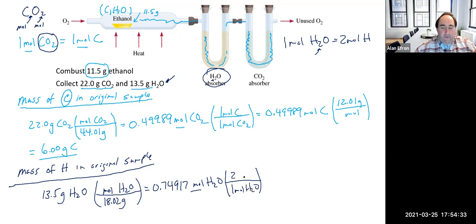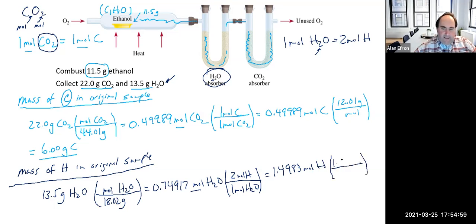So 2 moles of H. Timesing that by 2 gets us 1.4983 moles of hydrogen.